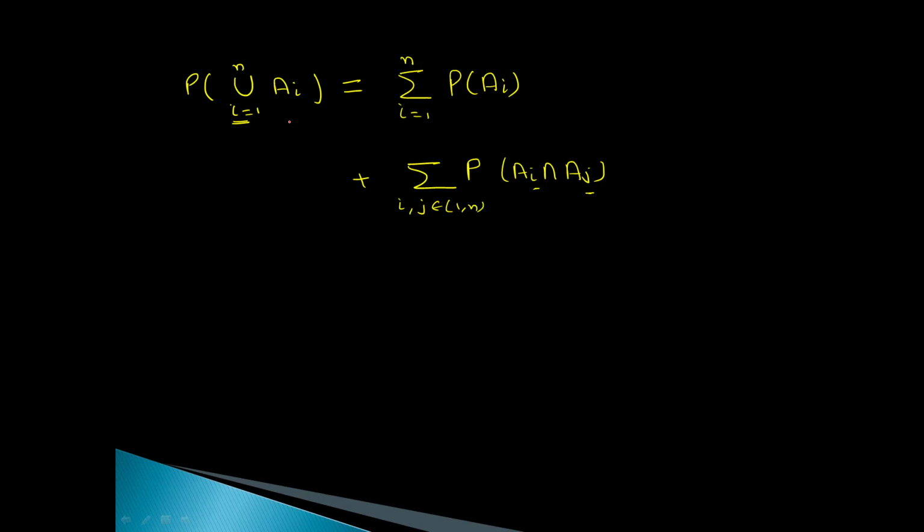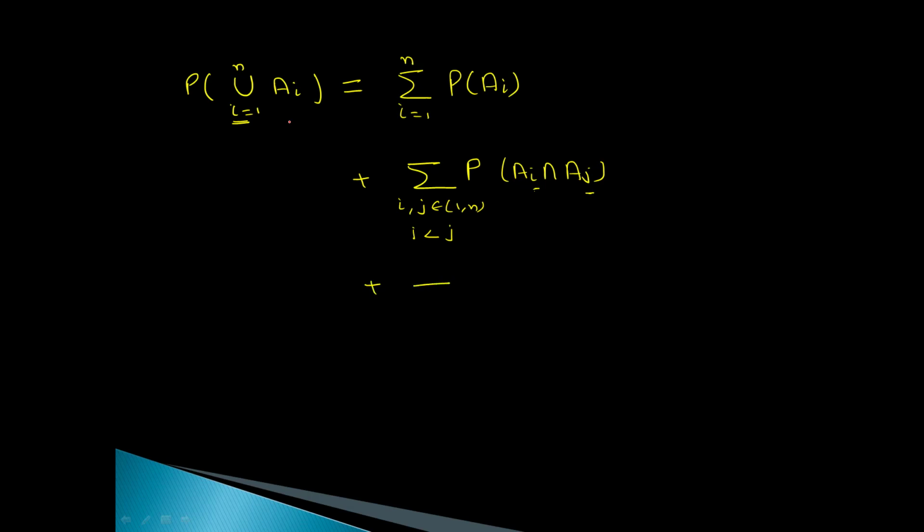We also need to understand that i is not equal to j here, because we are not writing A1 intersection A1. It doesn't make sense to write that. So we just write i is different from j. We can either use i not equal to j, or we can just write i less than j. It is the same thing. It means that i is a different index from j, and all possible values are taken from 1 to n.